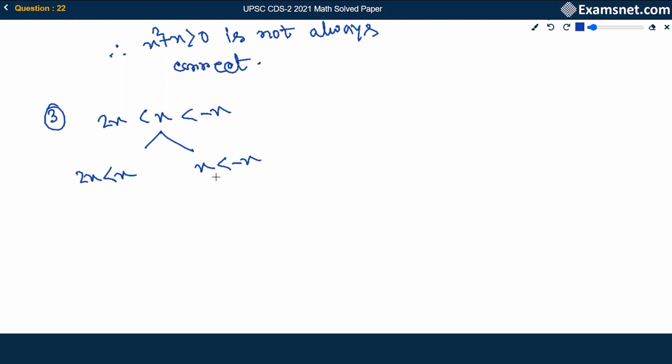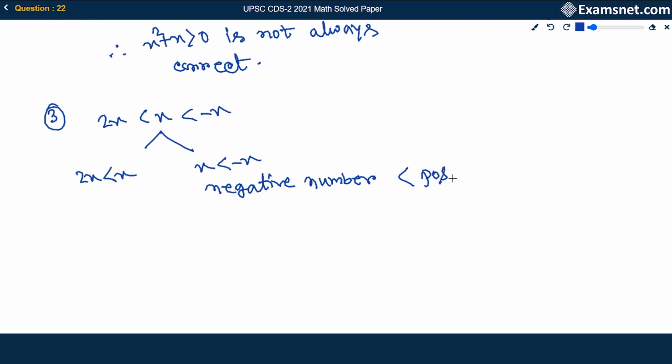And x is a negative number, and this negative number having a negative sign becomes a positive number.